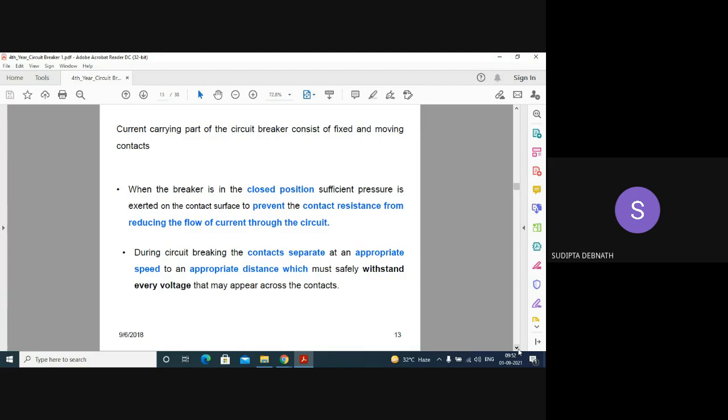But if it gains speed more than the safe value, then the voltage gradient would be very high, which may be dangerous. You will understand that voltage gradient after some slides, because voltage gradient is the deciding factor due to which the arc develops.